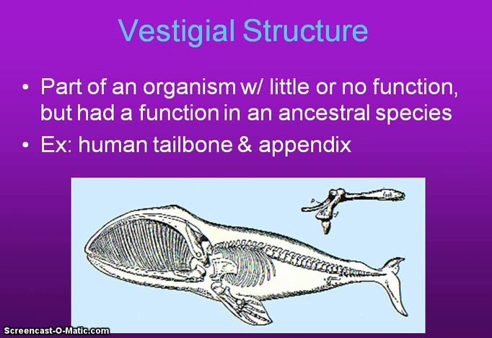If you get a bad infection in your appendix, you can have that removed, and that's not a problem. So it is a structure that we do not necessarily need in order to survive. In this diagram here, this is a type of whale, and you can see this small section of bone here. That's actually pelvic bones. Well, you don't need pelvic bones unless you have legs and can walk. So this organism does not need those.